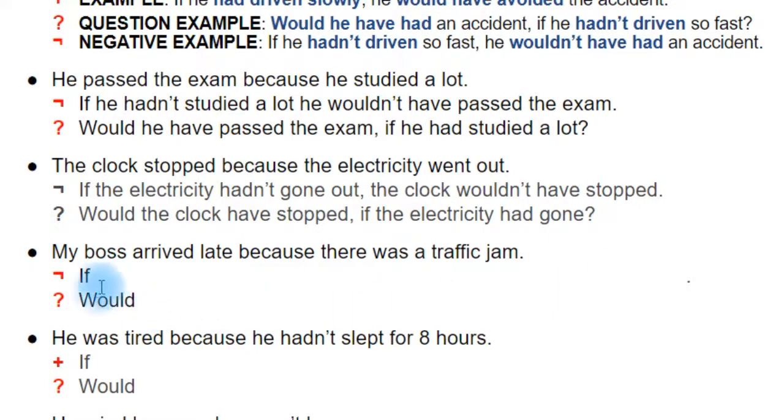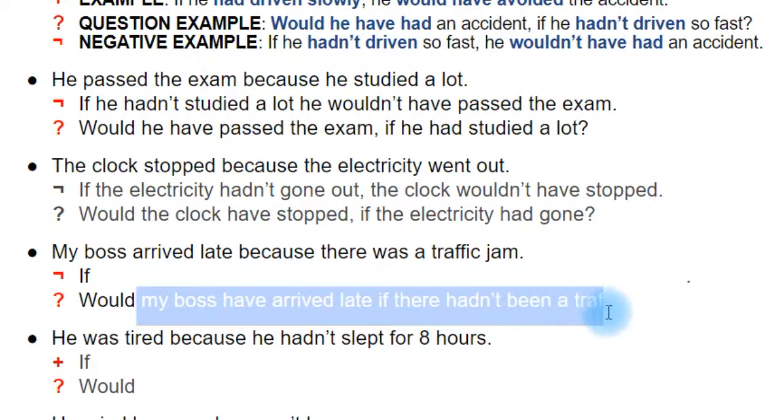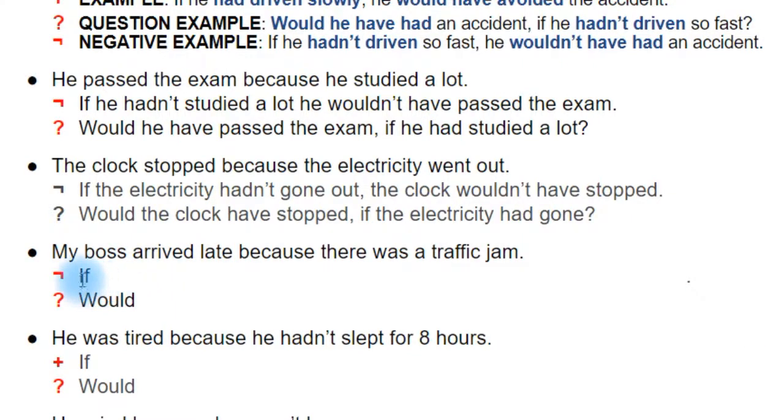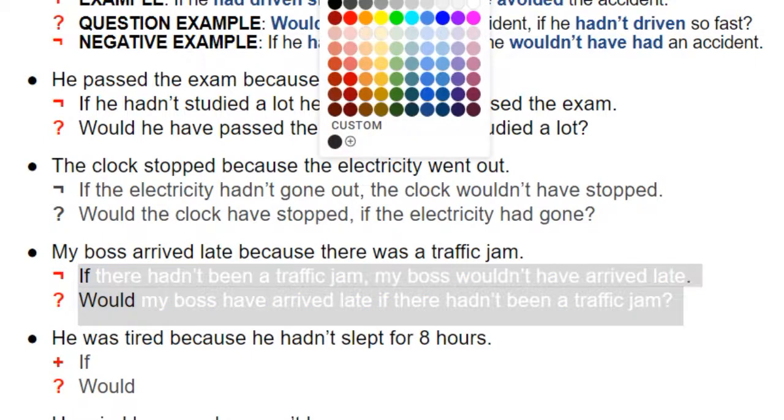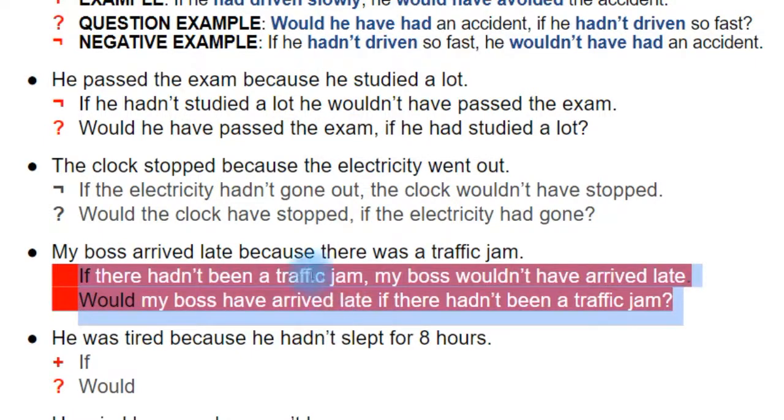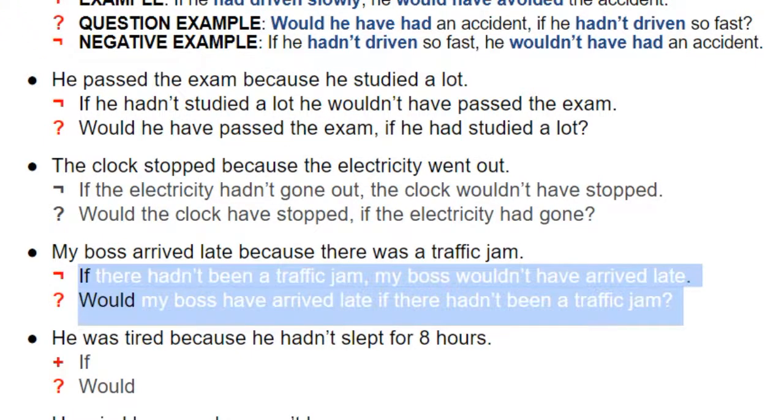Okay, now would my boss have arrived late if there hadn't been a traffic jam? Okay, that is basically the idea. Okay, good, excellent. So we're going to move on to the next question.